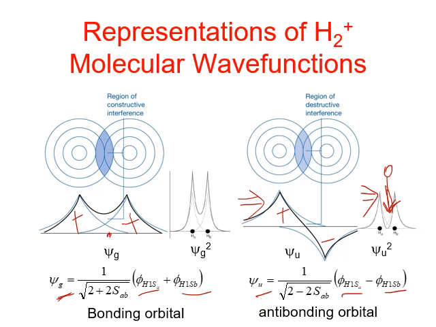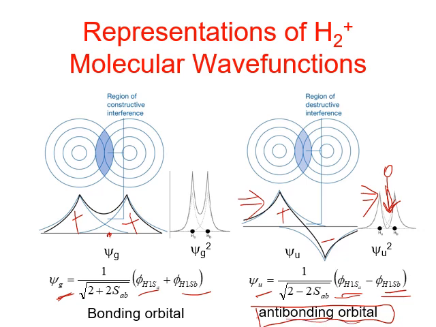And this is opposite to the concept of bonding, because when atoms bond together, you should have electron sharing between the two nuclei. But here, there's no electron between them. And therefore, this is called the anti-bonding orbital. So when the two atomic orbitals have different signs, we form an anti-bonding orbital.